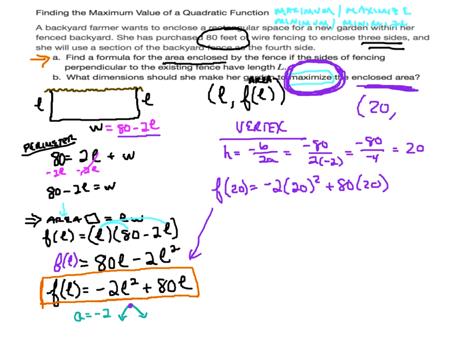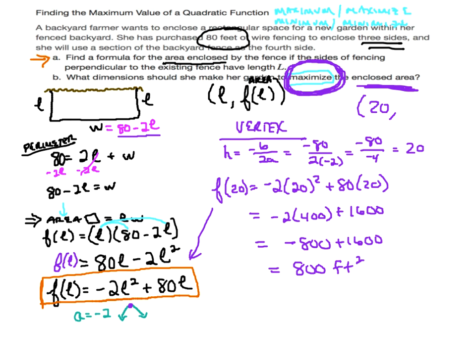All right, 20 squared is 400. So this is negative 2 times 400. And 80 times 20 is 1600. So plus 1600. This is negative 800 plus 1600. 800 square feet is what she can enclose.